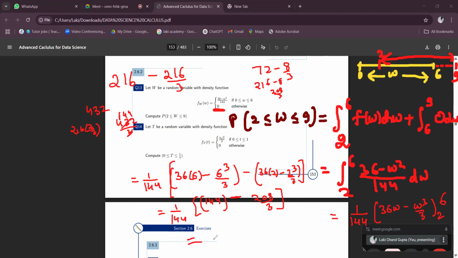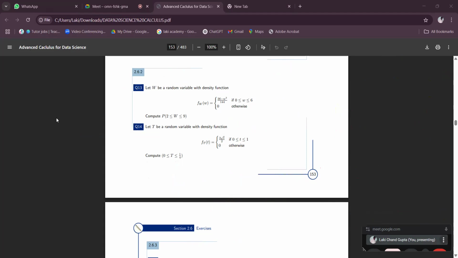You can simplify this and you will get the answer. Understood?